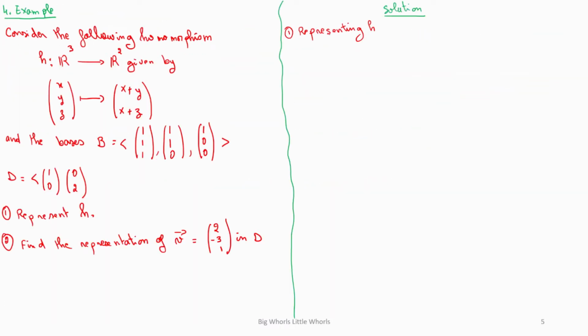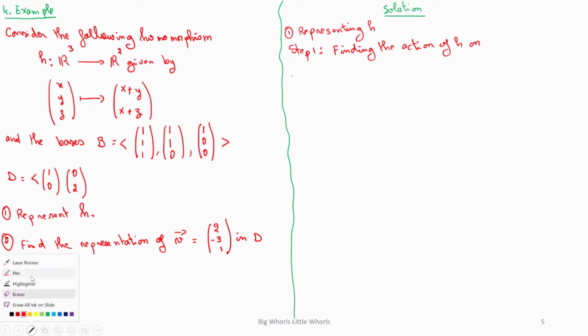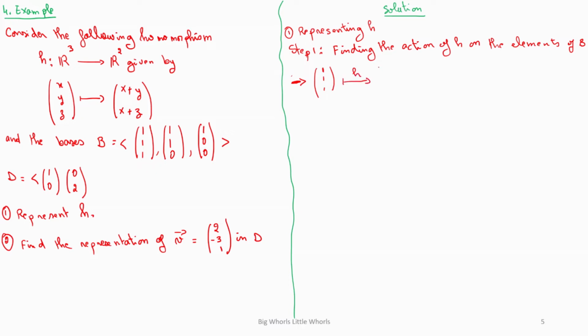So step 1, find the action of H on the basis B. So we need the action of H on the elements of B. The first one is the action of H on 1, 1, 1, the first element of B. What does H do to that element?